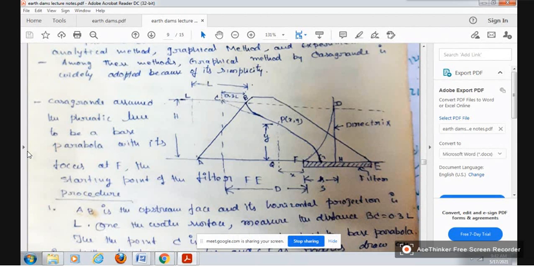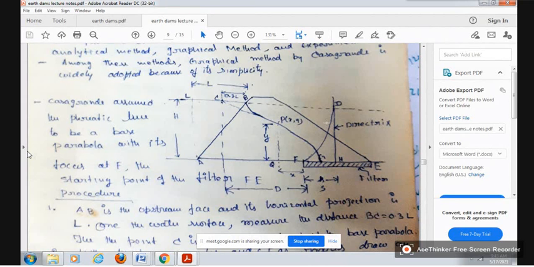So here you draw a horizontal line. This is the water surface. As I said, what is the focus of the parabola? Focus is F. Therefore, with CF as the radius and C as the center, draw an arc like this.